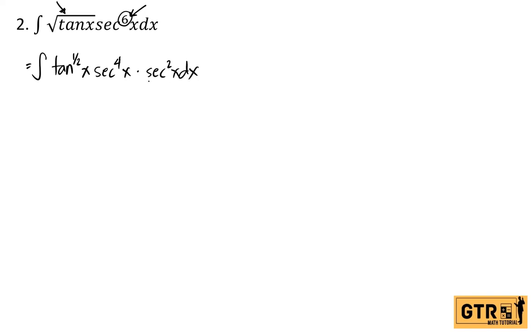We just separate this secant square x dx, and we need to convert the rest into powers of tangent. Secant to the 4th is equal to secant square x, and then squared.